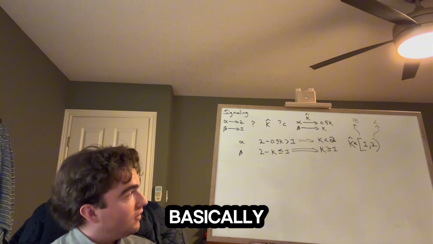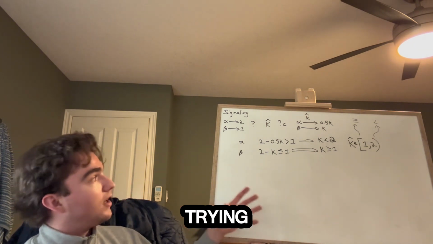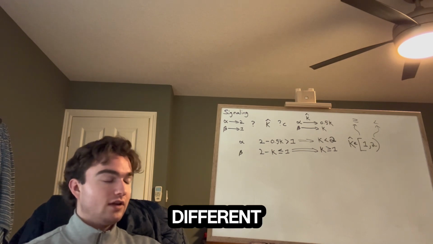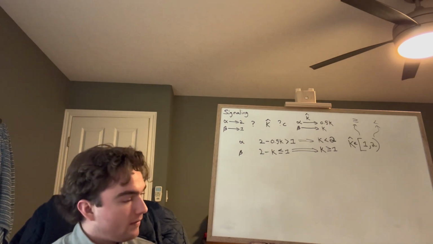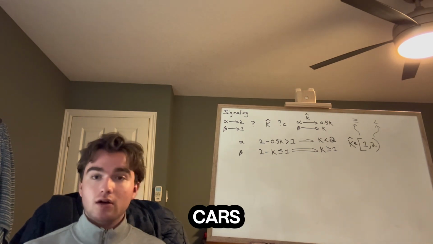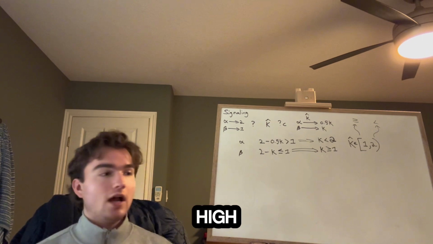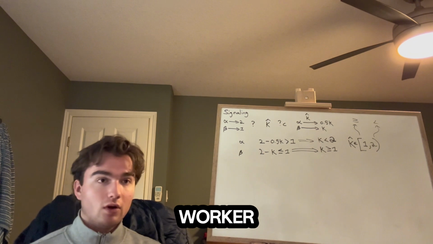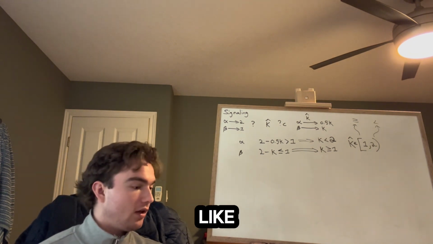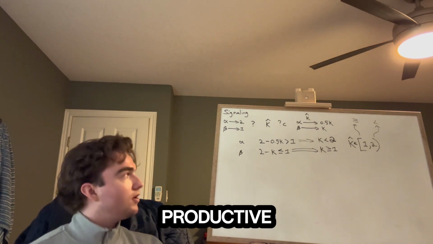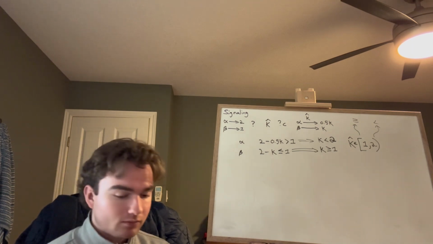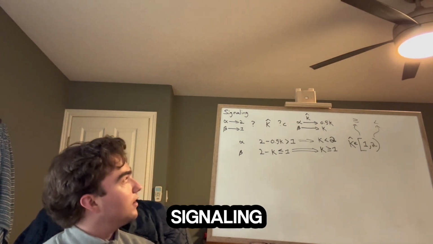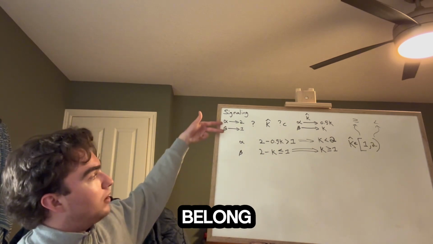And basically, you are trying to make it so that you can distinguish between two different types, either cars, like a high quality car and low quality car, or a more productive worker and a lower productive worker. So that's what signaling is about. It's signaling which group you belong to.